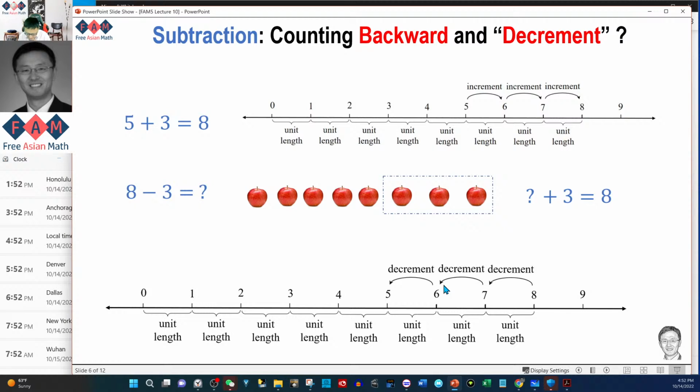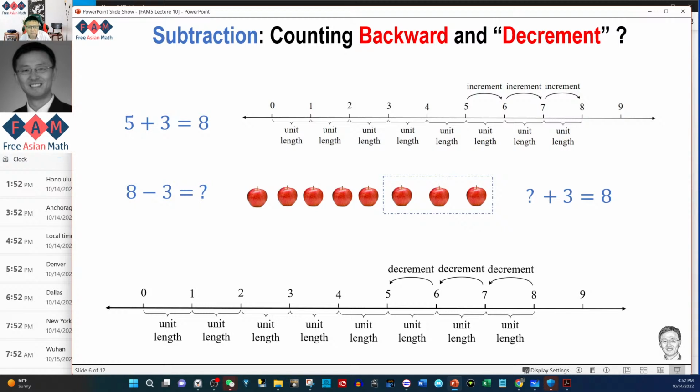Okay, on the number line, we start at 8. That's what we know. And now we remove 3. We have to decrement, decrement, decrement, 3 times. So what exactly is the decrement operation here?